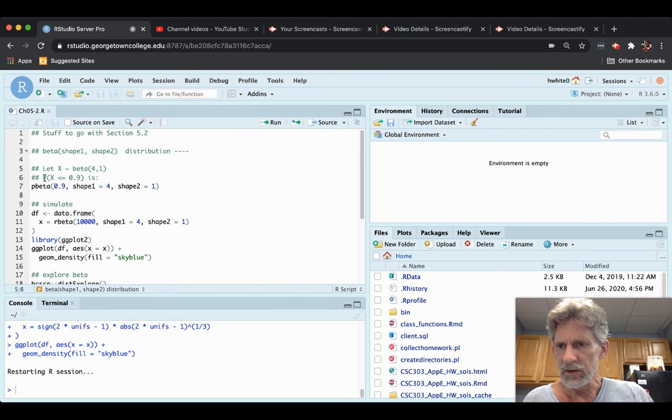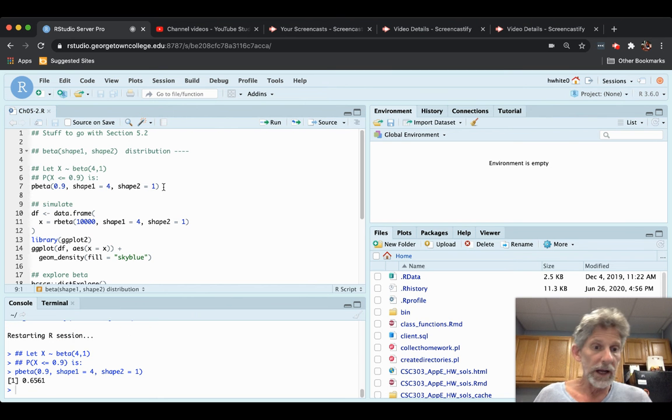And so the chance that it's less than or equal to 0.9 should be a pretty sizable chance, I would think. Let's see. So we could use the pbeta member of the beta function family to find a CDF like we're looking for here. Just put in 0.9, but you've got to say your shape1 and shape2 values, and off you go. And about a 65.61% chance, pretty good.